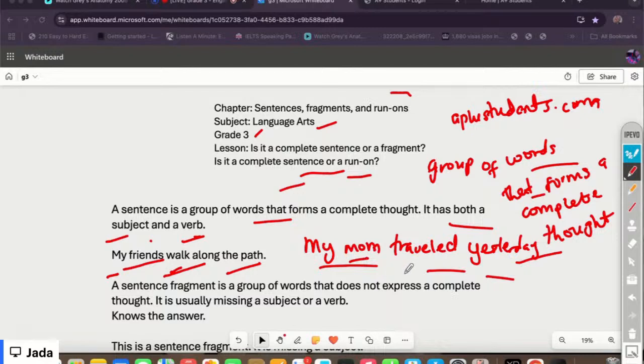So my mom is the subject, and traveled will be the verb. So you're saying that your mom traveled yesterday is a complete sentence. So remember that a complete sentence will always have a subject and a verb. If you do not see a subject and a verb, then there's definitely something wrong with the sentence.